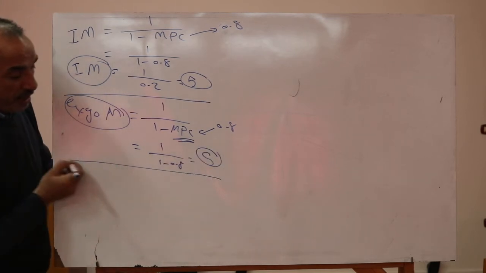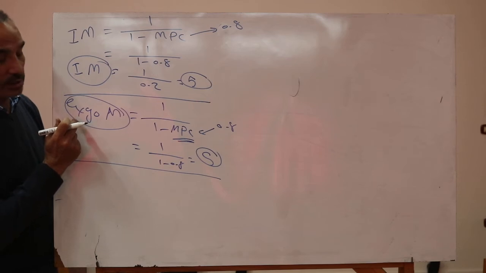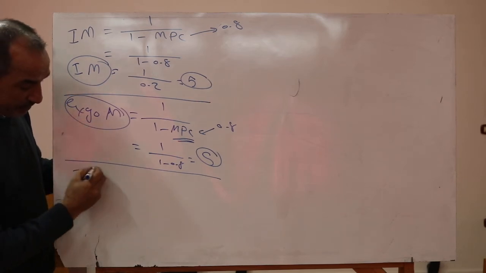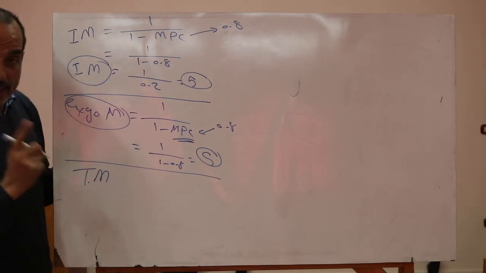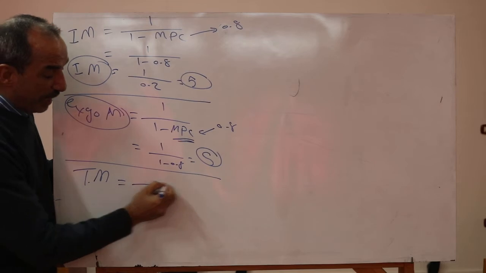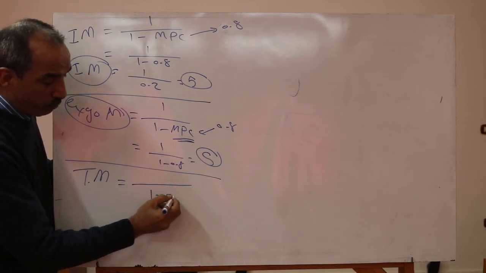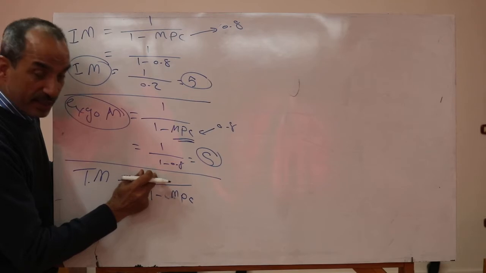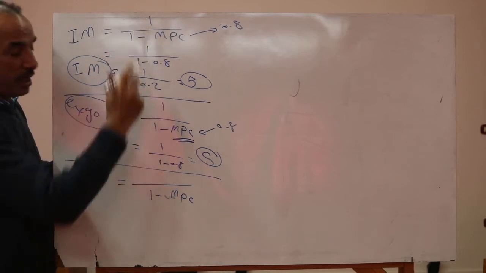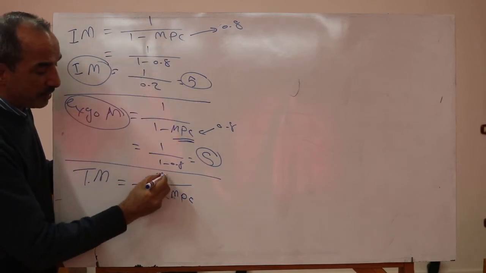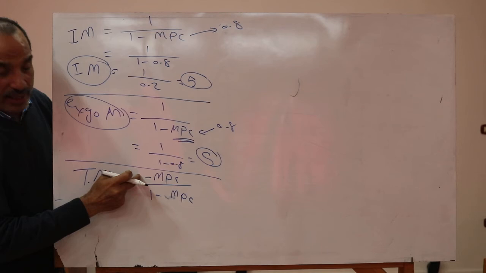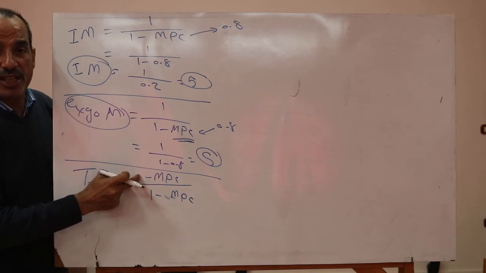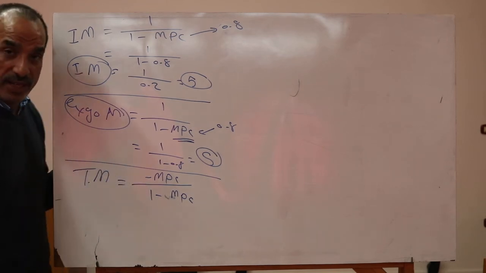The third multiplier is the taxes multiplier. The taxes multiplier is MPC out of 1 minus MPC, but with a minus sign. What is the meaning of the minus? We have a negative relation between taxes and national income.